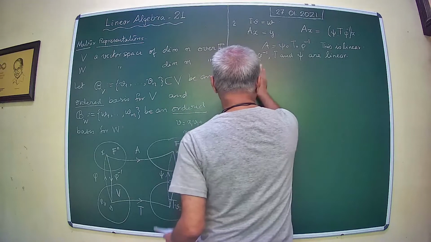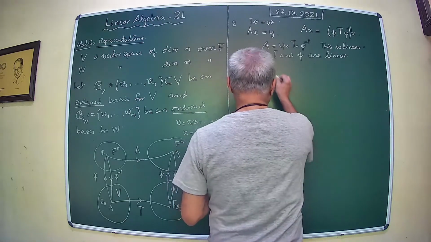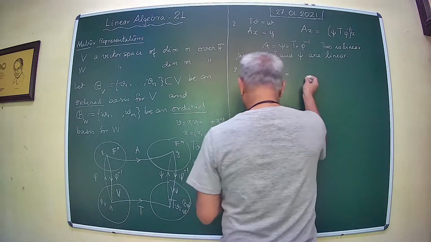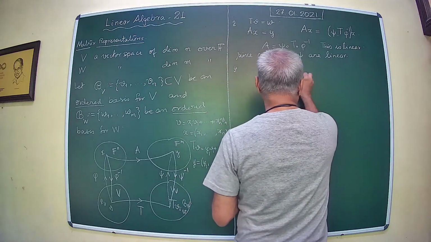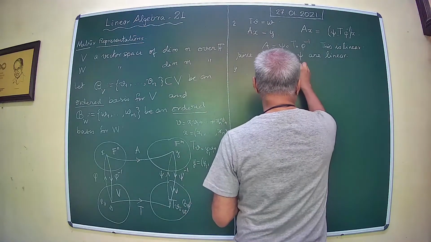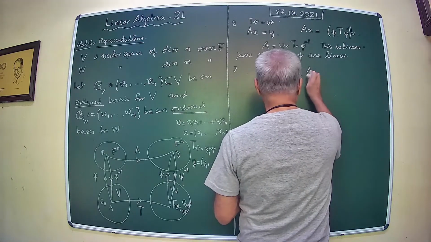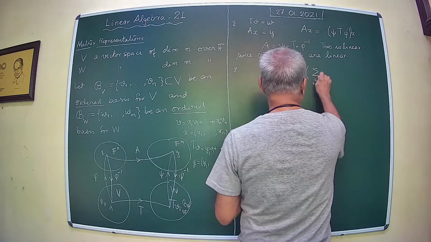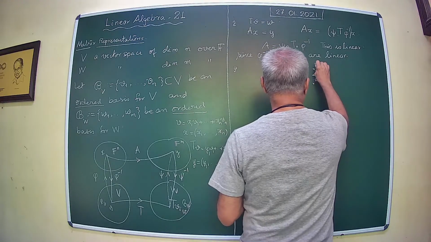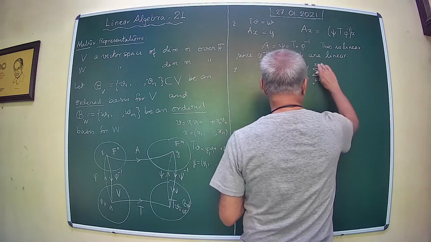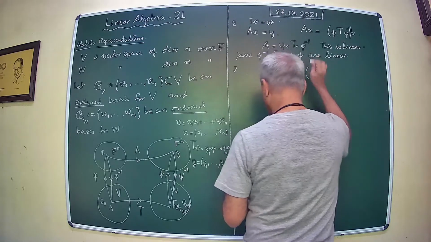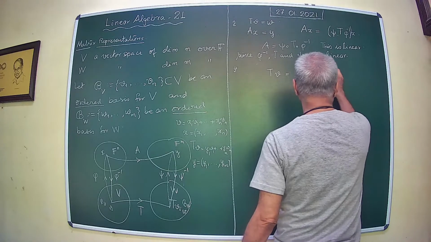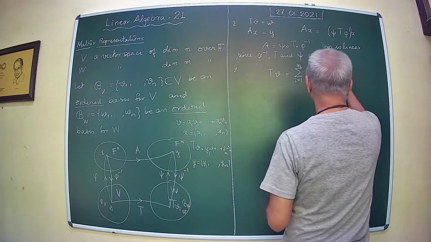You know that what we have is this: Tv is equal to the sum over i equal to 1 to m of the sum over j equal to 1 to n of Aij xj times wi.